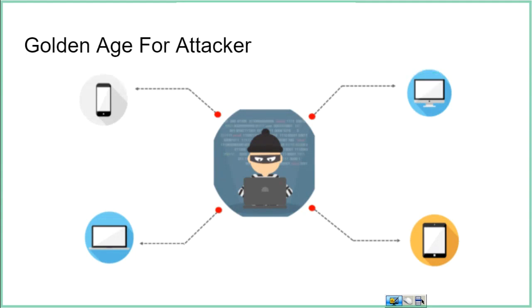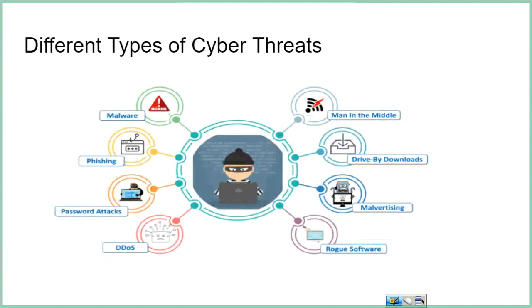So what kinds of attacks are we talking about? There are predominantly 8 types of attacks that any specific user is going to face. Most of them are called malware, which we'll be discussing in some time.